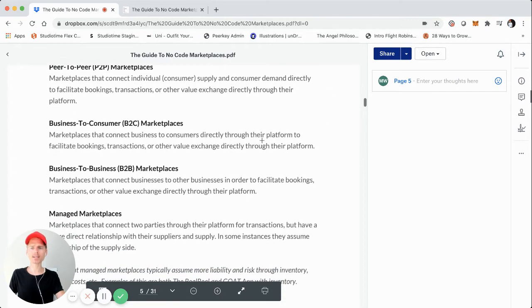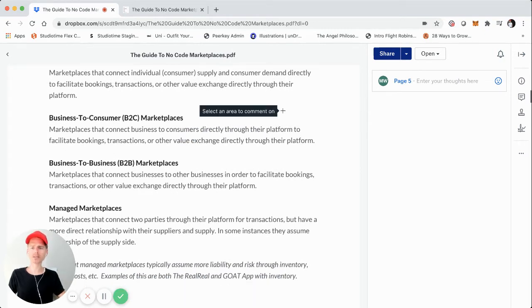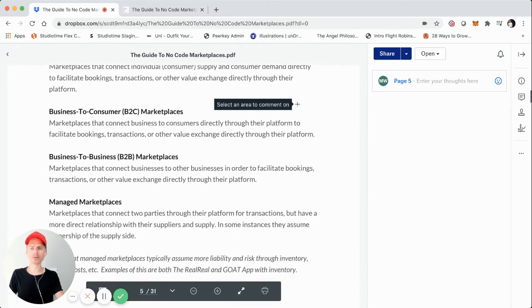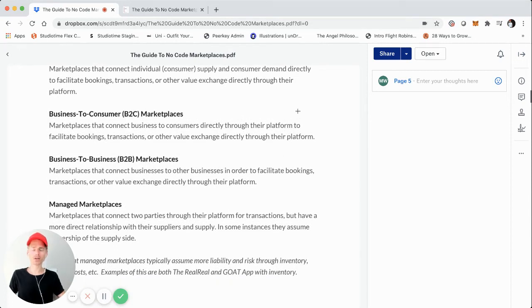The next example is going to be business-to-consumer marketplaces, or B2C marketplaces. These are marketplaces that connect businesses to consumers directly through their platform. We'll use another example. For instance, Turo could have a peer-to-peer component. They have individual car owners connecting with other consumers looking to book a car.